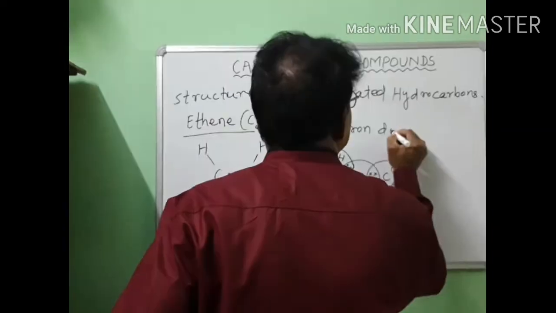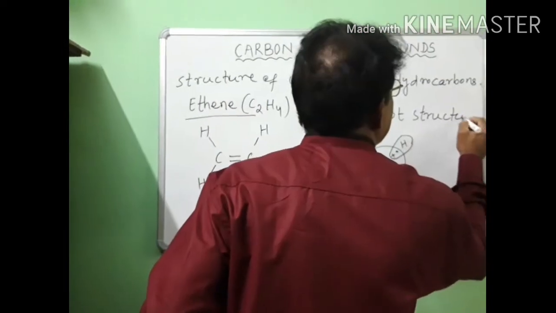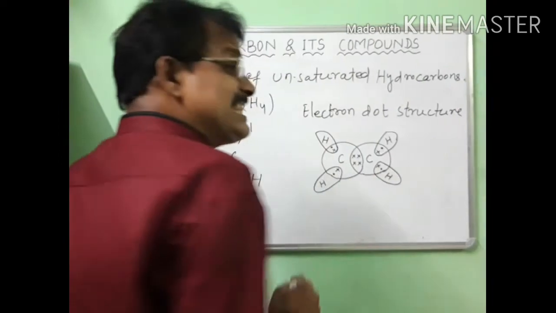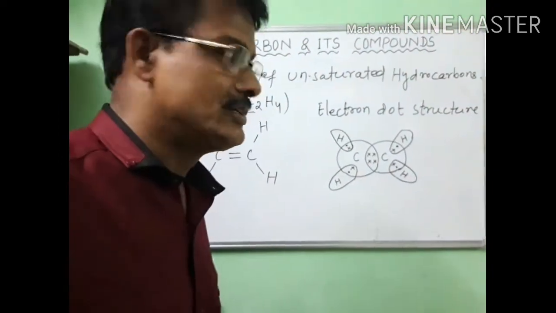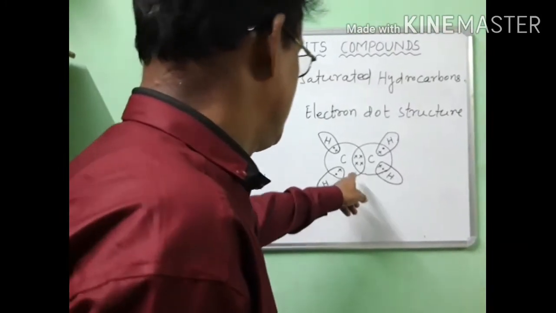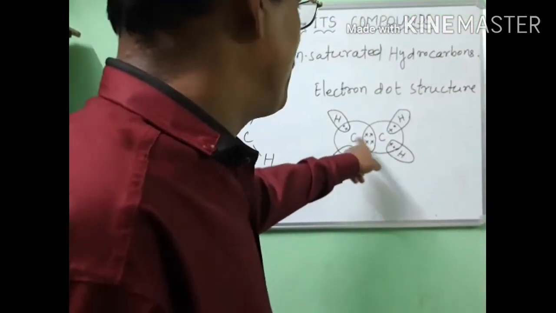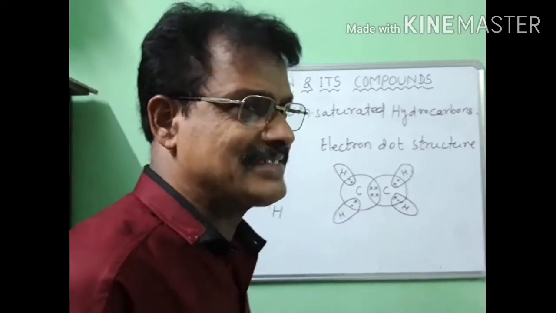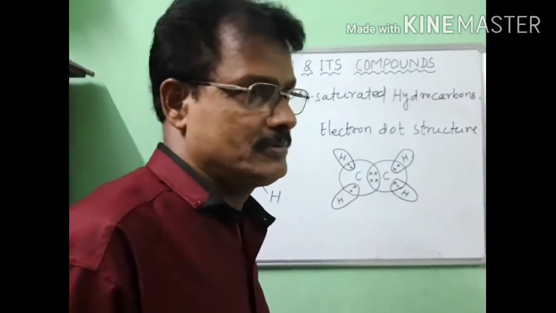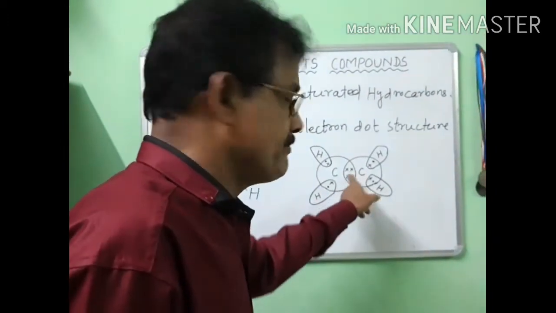There is a double bond between the two carbon atoms by sharing two pairs of electrons between them.